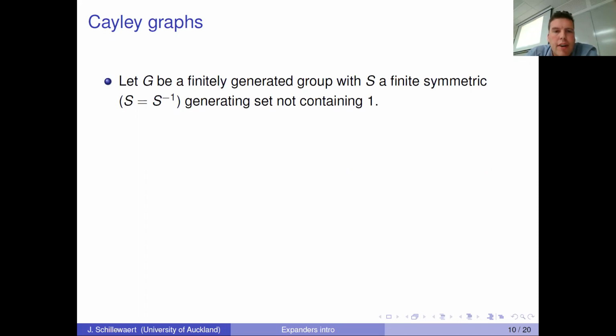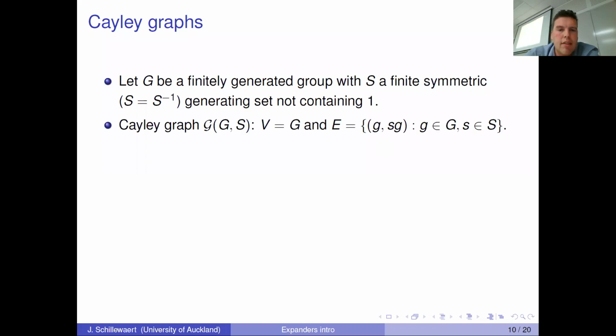So let's say G is a finitely generated group and S is a finite symmetric generating set not containing 1. So every element of G can be written as a word in these letters in S. The Cayley graph is a graph for which the vertices are the group elements, and you connect two vertices if they are of the form g and sg, where g is in G and s is a generator.